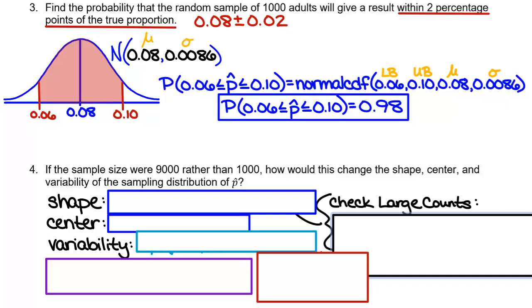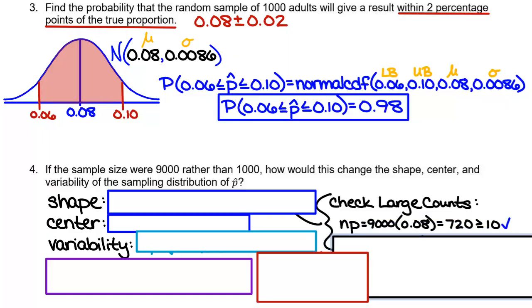And then N times 1 minus P. So what is N this time? 9,000. What is P? 0.08. So what is 9,000 times 0.08? 720. That's at least 10.